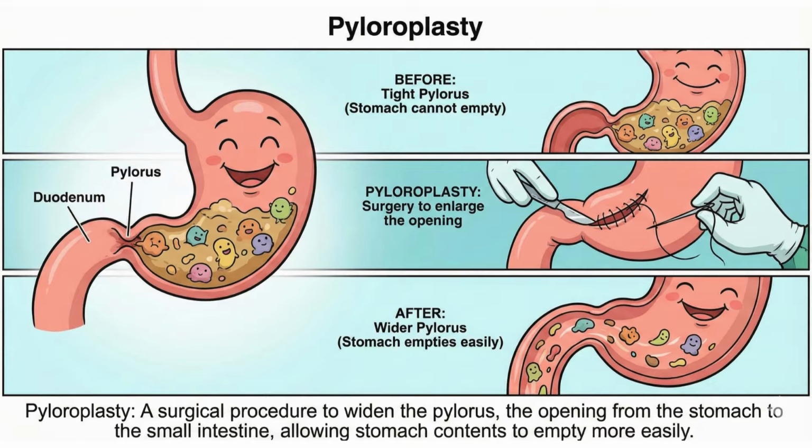Pyloroplasty is a surgical enlargement of the pyloric opening to improve gastric emptying. So pyloro is pylorus and plasty means reshape or open. So it's a surgical procedure to widen the pylorus. And this image, I think it's beautiful, shows how it's done.